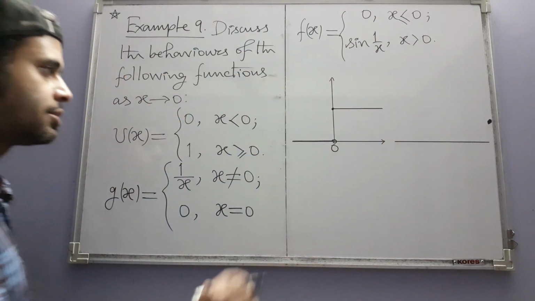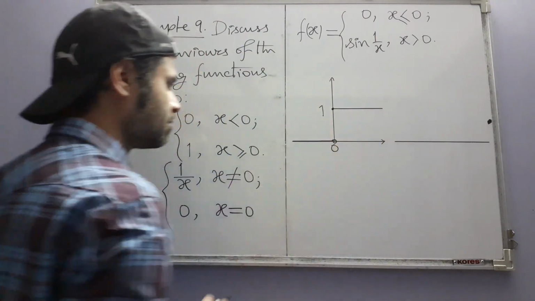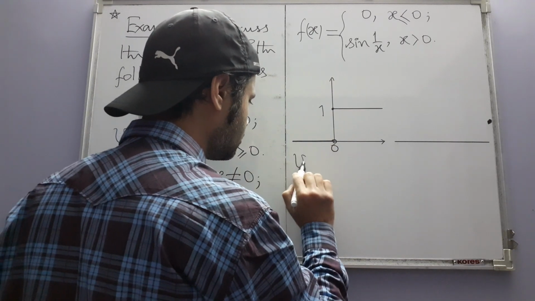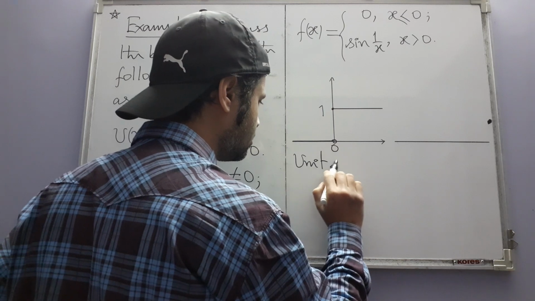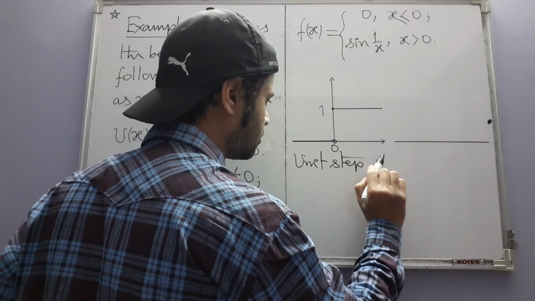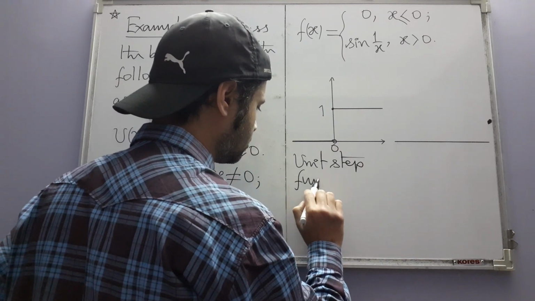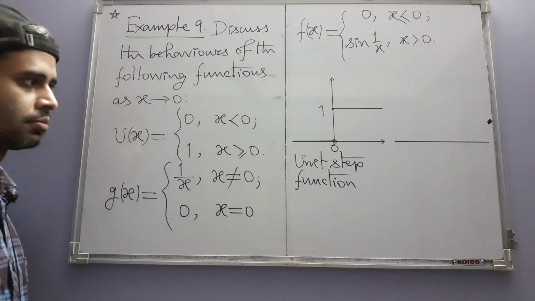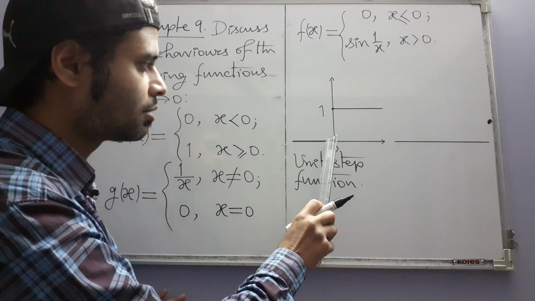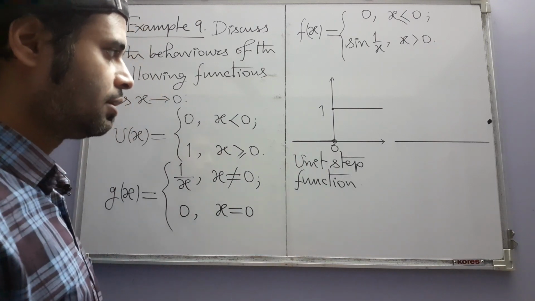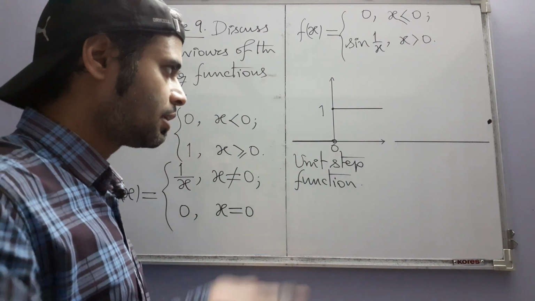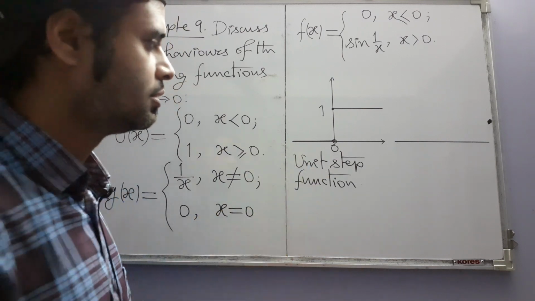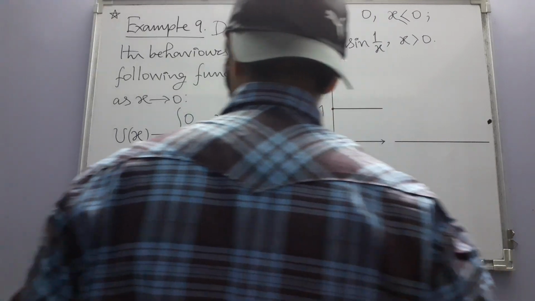That's why this function is called the unit step function. In transitioning from negative to positive, it has taken a step of size 1. Suddenly there is a jump. So this is the graph.